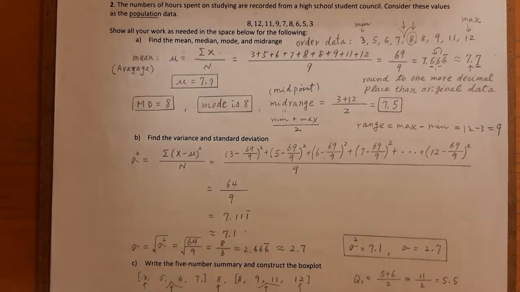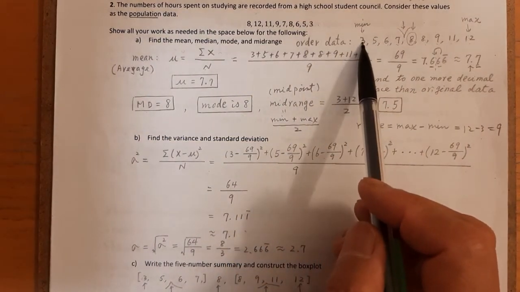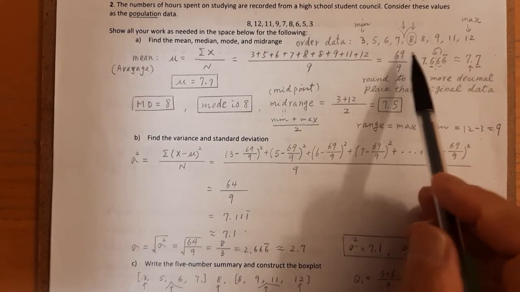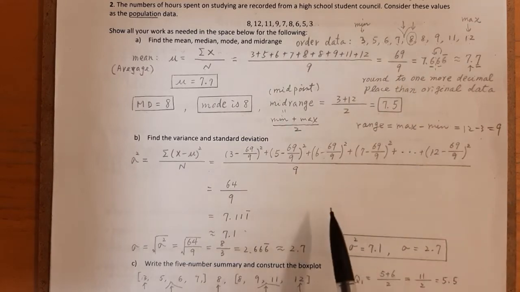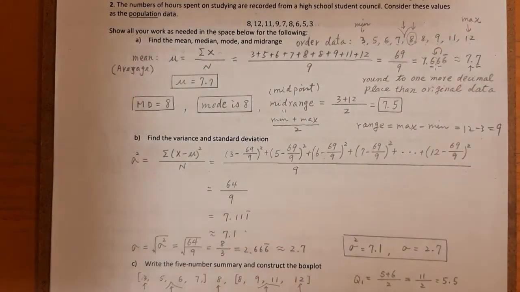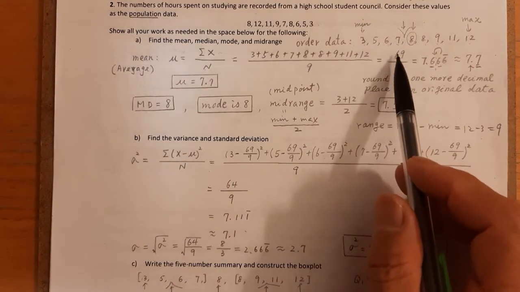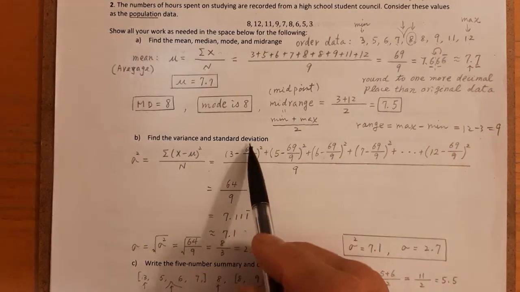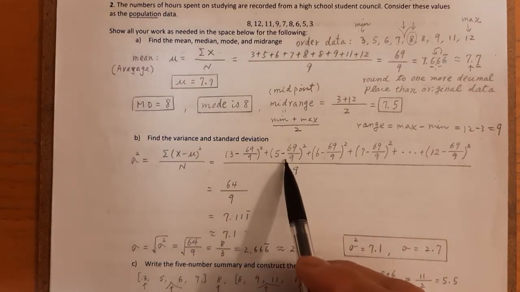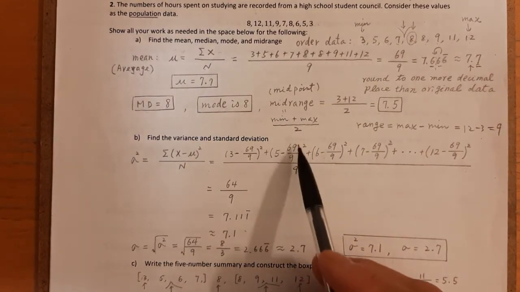What does this mean? First number is 3 minus mean. Use the exact number 69 over 9. Don't use it after rounding. After rounding is an approximate number. So use the exact number, the fraction 69 over 9. Quantity squared, plus next number 5 minus mean 69 over 9 quantity squared.